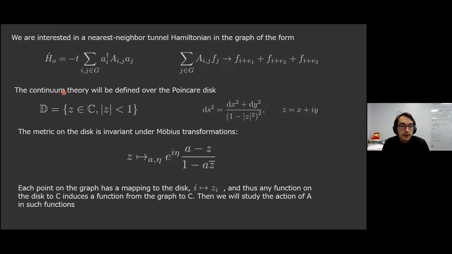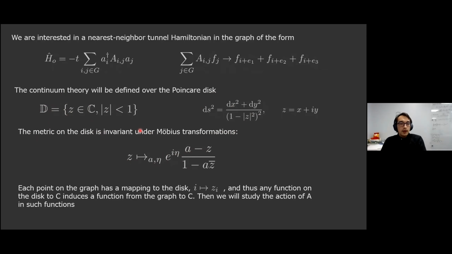This continuum geometry will live in the Poincare disk. As I will shortly show, the graph lives in a disk of finite size in the Poincare disk, which is defined as the unit disk in the complex plane with the hyperbolic metric. We know that this hyperbolic metric is invariant under Mobius transformations, where we essentially translate, and then rotate the point.